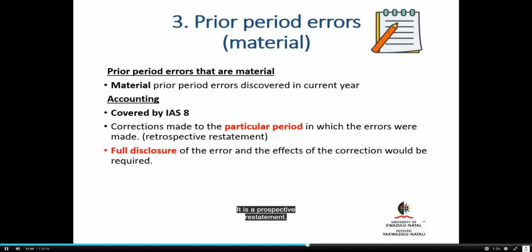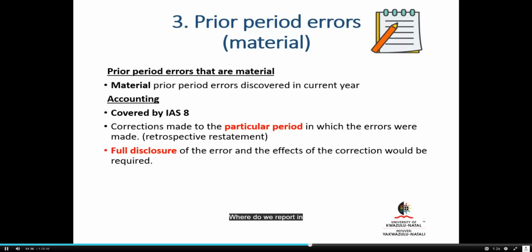So it is a retrospective restatement. Now, tell me, in what elements within the financial statements do you think this kind of error would have an impact?